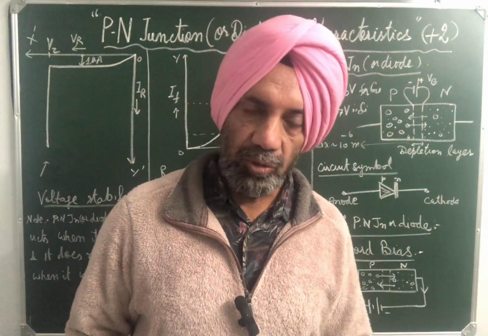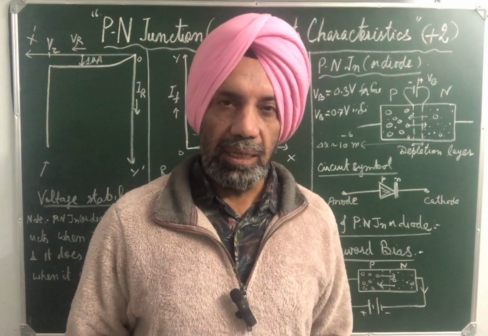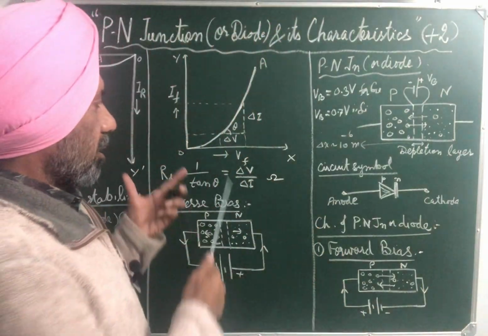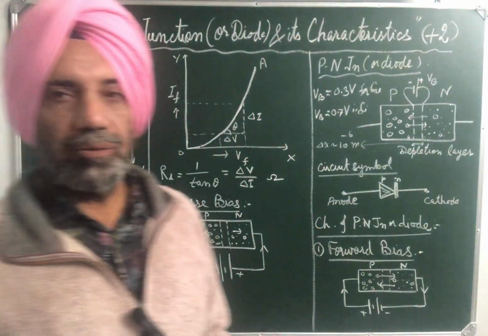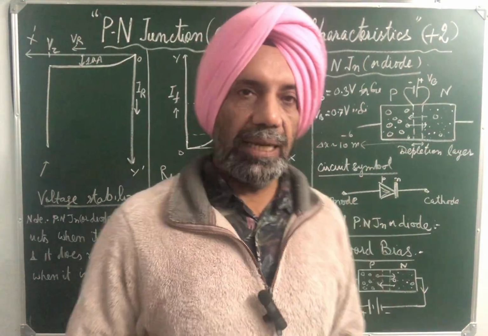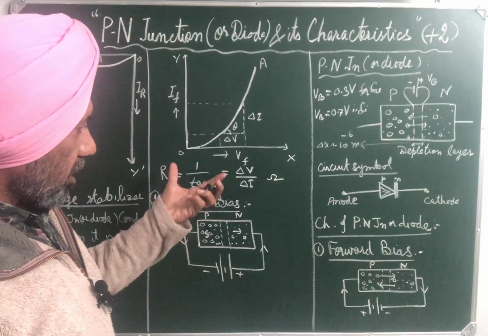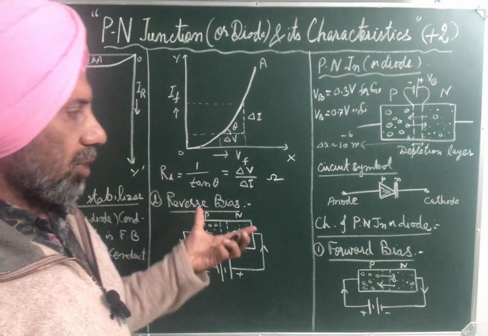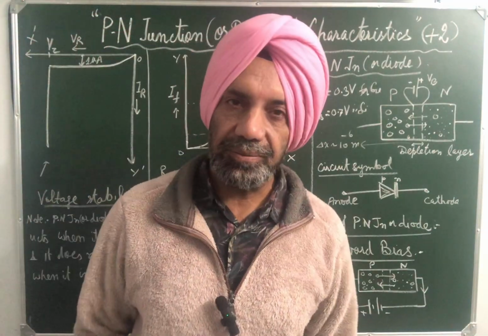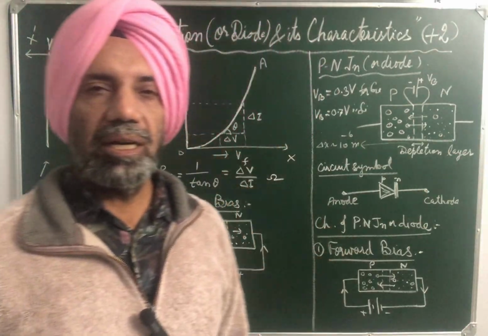When voltage crosses the potential barrier, which is the threshold voltage, then current increases rapidly with the increase of voltage. So this graph is known as the forward bias characteristics of a PN junction diode.